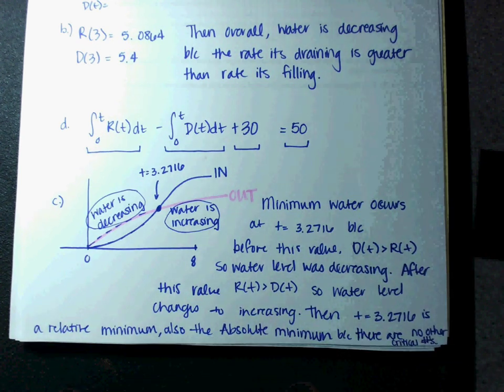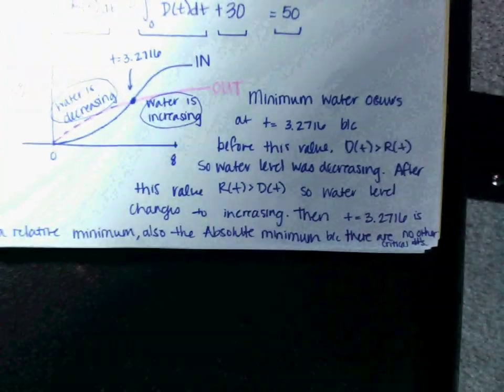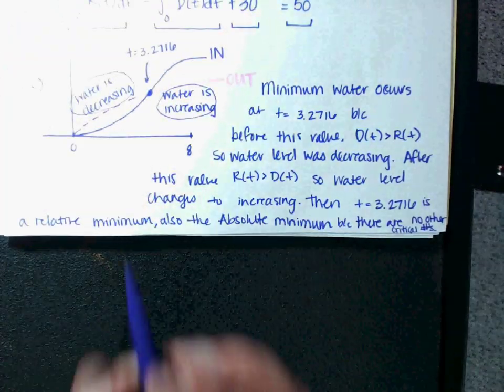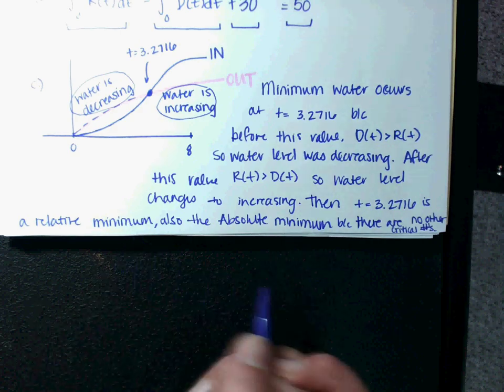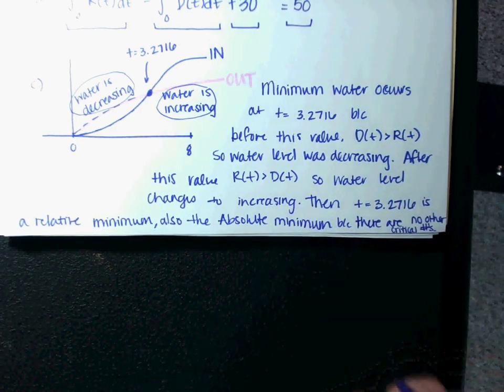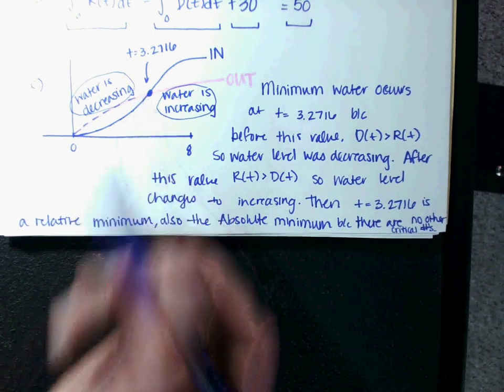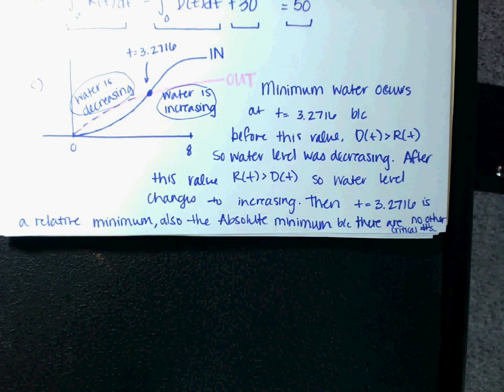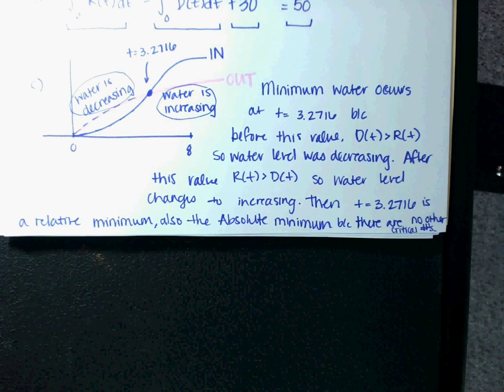So not only is it a relative minimum because the overall change is from decreasing to increasing, but it's also the absolute minimum because this is the only place where my rates switch. So there are no other critical numbers on the interval.